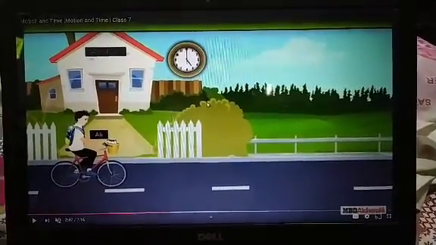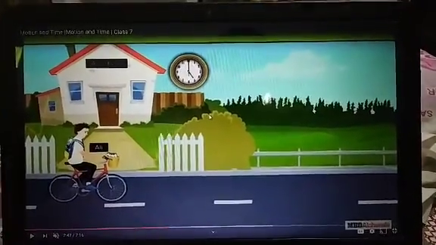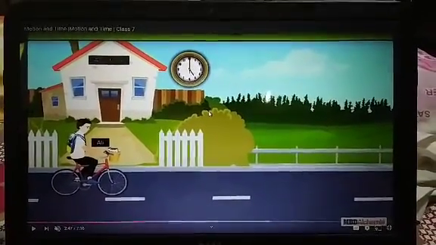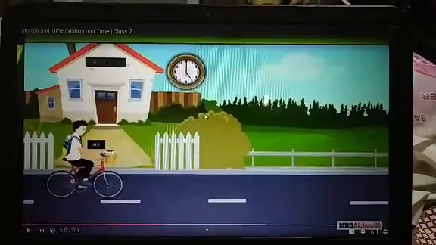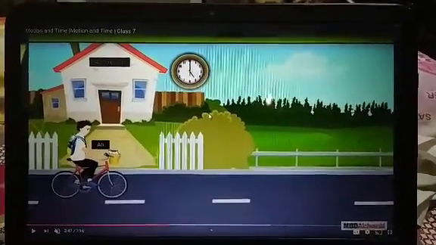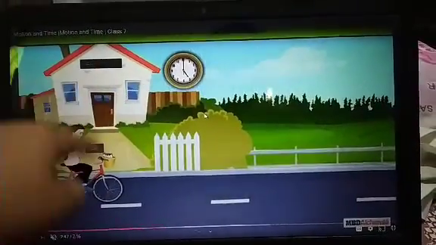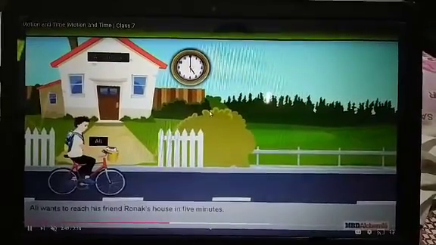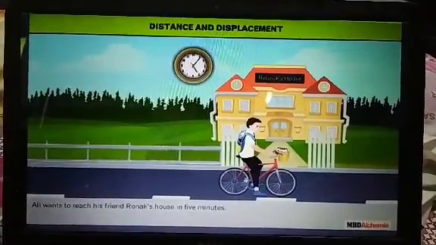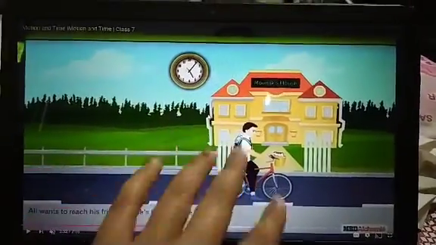Now our next one is distance and displacement. Okay, what is distance and what is displacement? So before starting it, I want to give you one example. This is a boy named Ali. This is his home. Now he reaches Ronak's house.